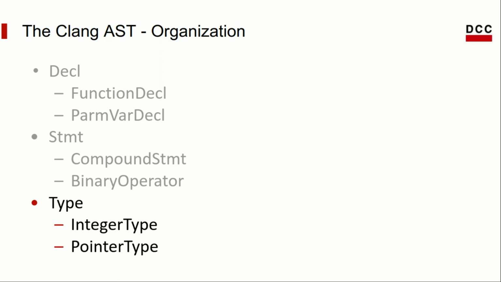These are some examples of type classes used to represent integers and pointers. Pretty straightforward. These are just a few examples of classes that belong to each core class, but as you might imagine, there are many more. I encourage you to write a couple of C programs yourself and have a look at the AST Clang builds for them. This will help you to familiarize yourself with some of the vast library that composes Clang.